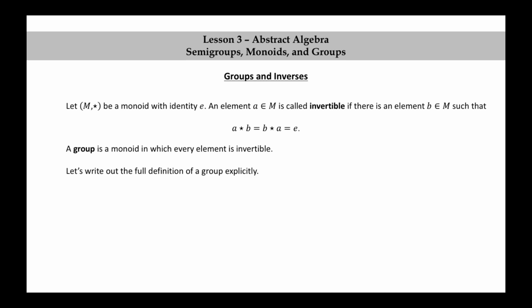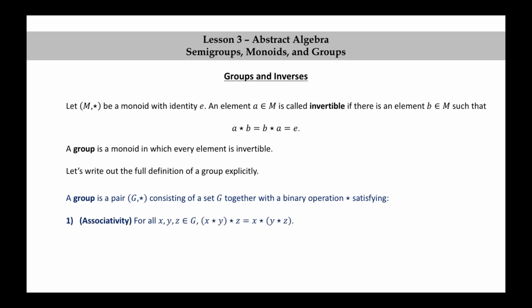Groups appear so often in mathematics that it's worth taking a few extra moments to write out the full definition of a group explicitly. So a group is a pair (G, *), consisting of a set G together with a binary operation * satisfying: 1. Associativity.